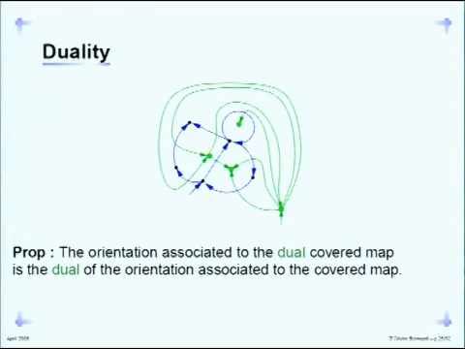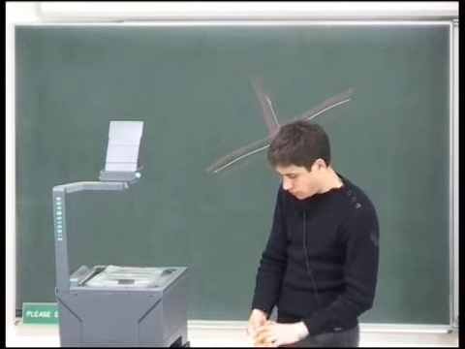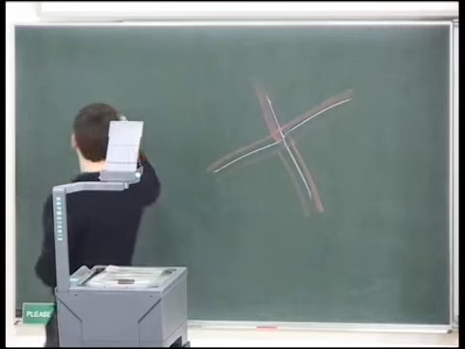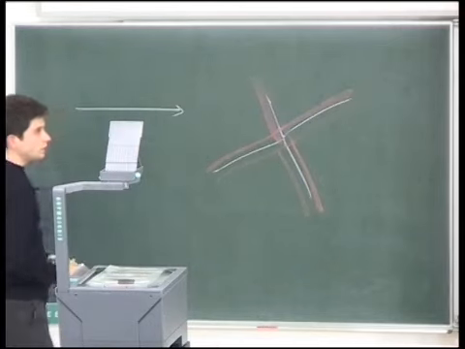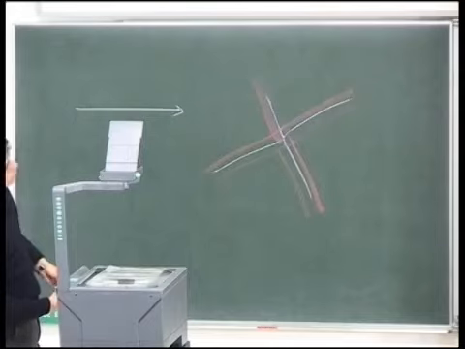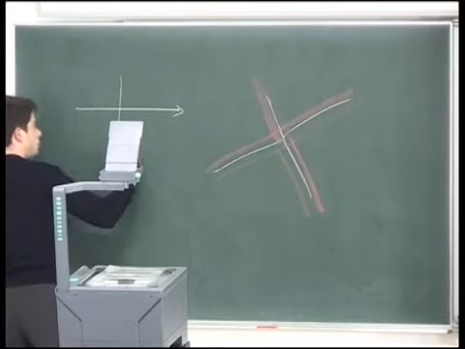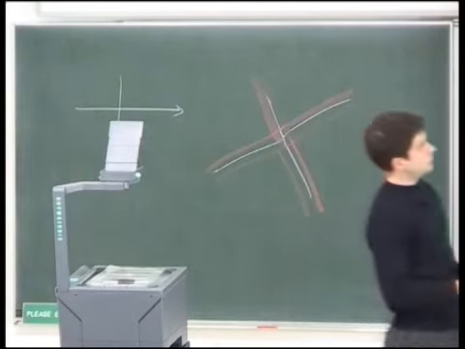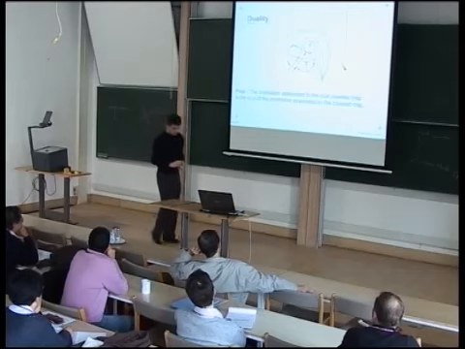First, the orientation associated to the dual map is the dual of the orientation associated to the map. And when I say that, I mean that if my primal edge is oriented this way, the dual edge will be oriented this way, if I'm not mistaken. Right. Okay.